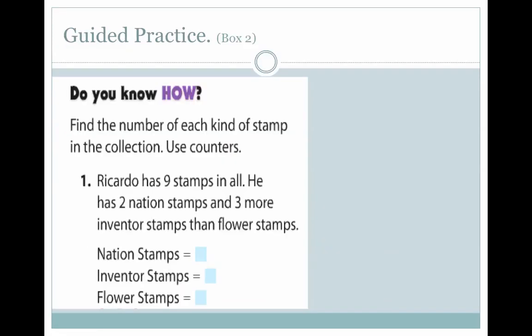Find the number of each kind of stamp in the collection. Use counters. Ricardo has 9 stamps in all. He has 2 nation stamps and 3 more inventor stamps than flower stamps. Okay, the first thing I'm going to do is underline the information I know.